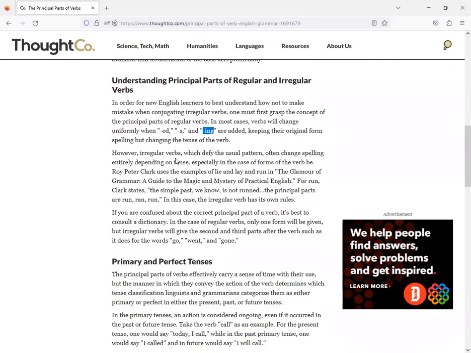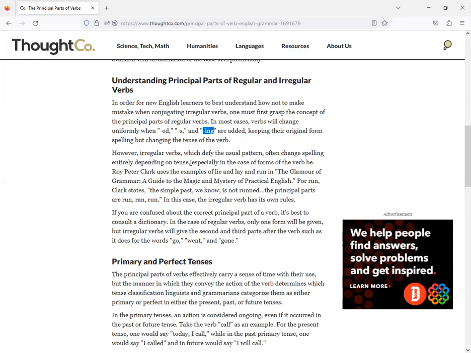However, irregular verbs, which defy the usual patterns, often change spelling entirely depending on the tense. So for irregular verbs, everything is going to change, not in all cases, but for example, see, saw.